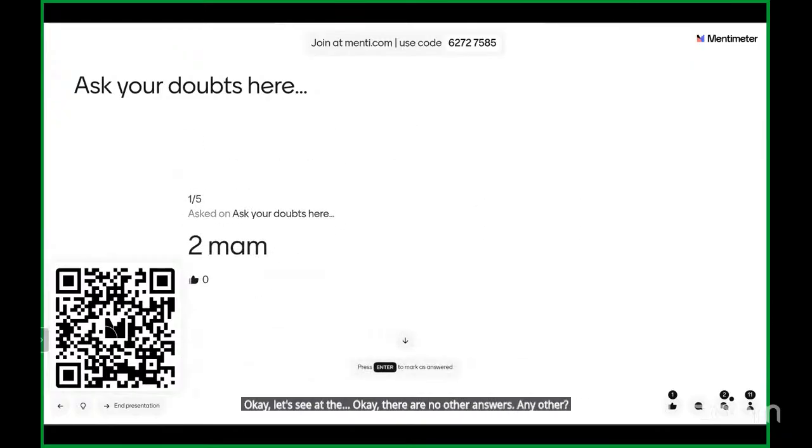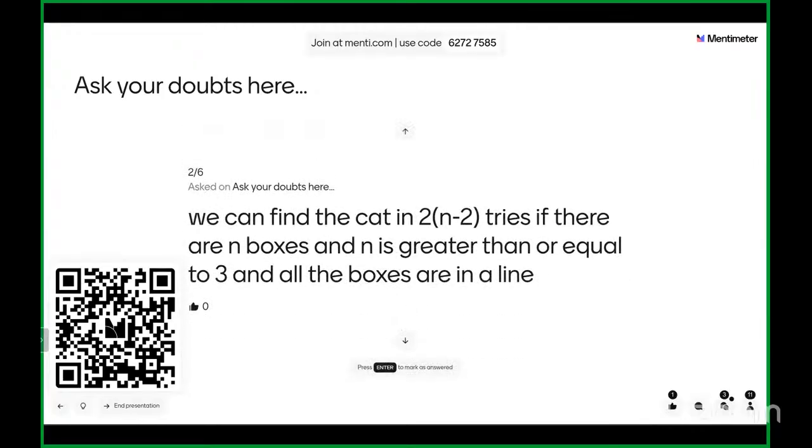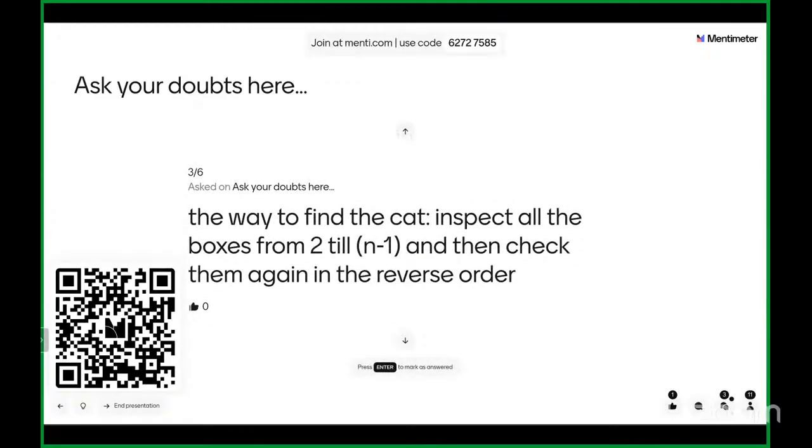So any other? A way to find the cat: inspect all the boxes from 2 till n minus 1 and then check them again in the reverse order.